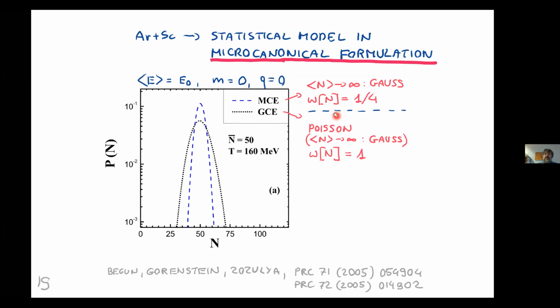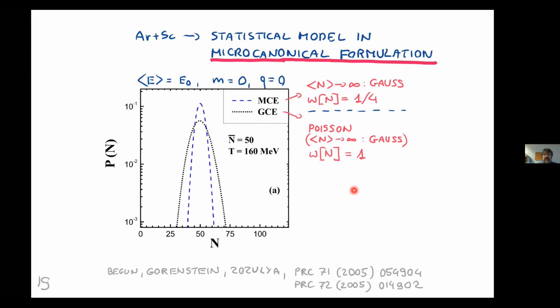So if one performs the calculation in this model, then one gets that for large mean multiplicity the distribution is more or less Gauss-like, but the scaled variance is 1/4. It's just a quarter of the scaled variance for the Poisson distribution, right?